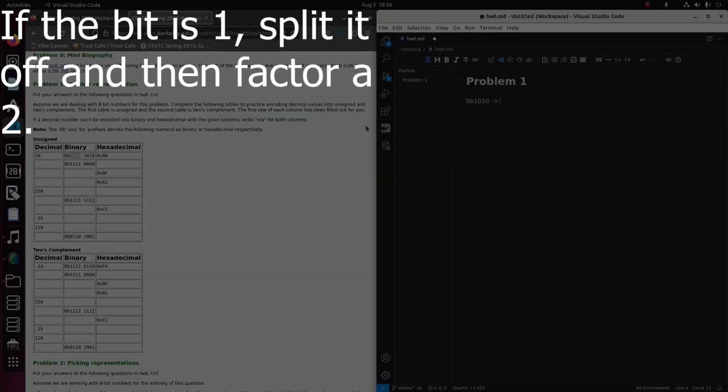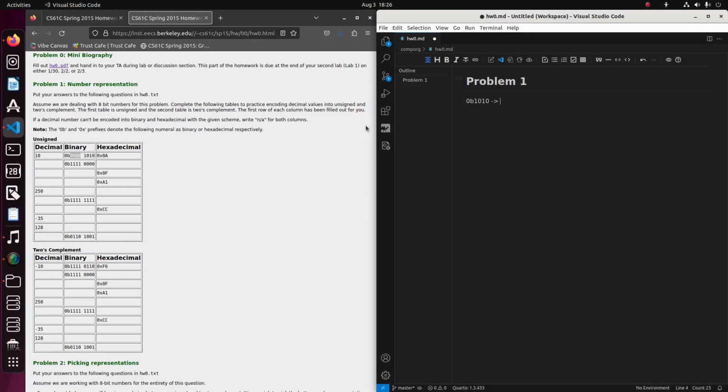Well, there are a couple of different algorithms, but the one that I'm going to use here is to take that rightmost bit, which is a 0, and I have a rule for that rightmost bit. The logic of it is that if the rightmost bit is a 0, then it must be an even number, and is divisible by 2. And so you can factor out a 2.